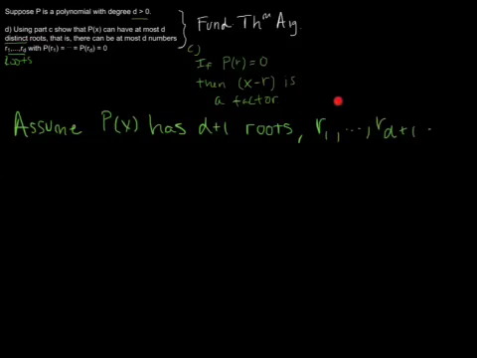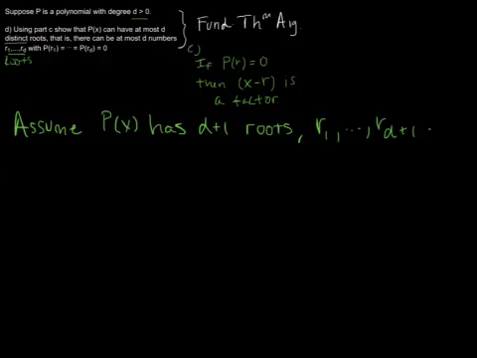What can we do with each root? What are we given from each root? If you go back to part C, you'll notice that each root tells you a factor. So what if we factored, we came up with all of the factors? How many factors would we come up with? Well, you'd be correct in saying that we'd come up with d plus 1 factors.